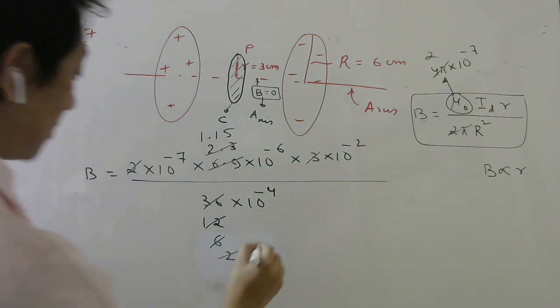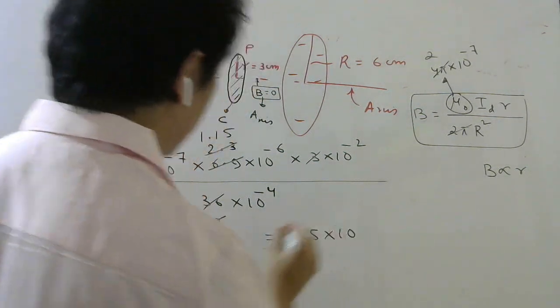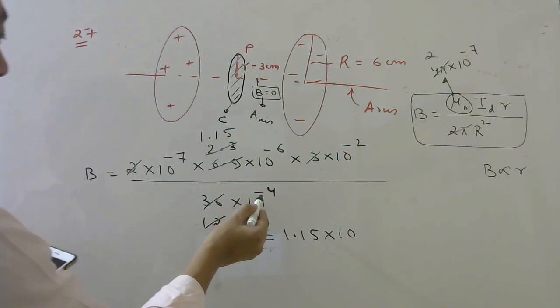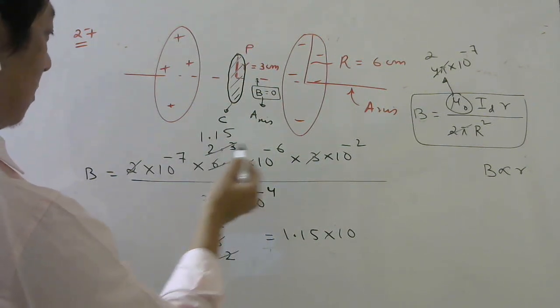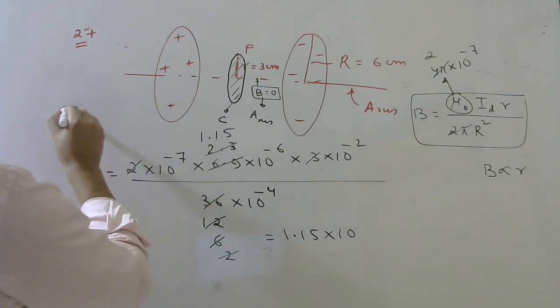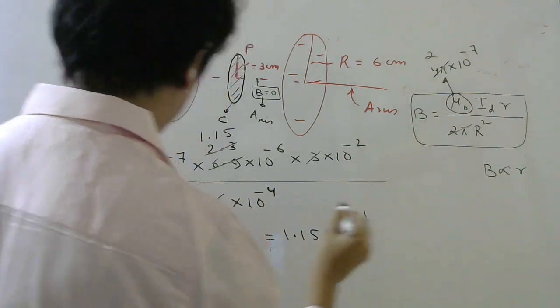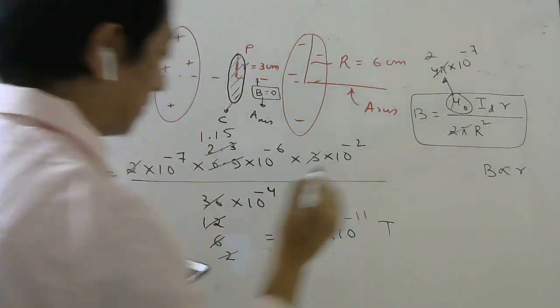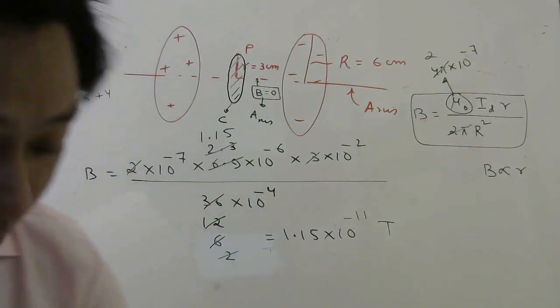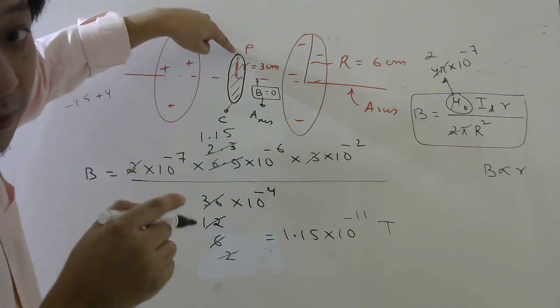So it is coming 1.15 into 10 power how much? Minus 6 minus 7 will be minus 13, minus 13 minus 12 will be minus 15, plus 4, minus 11. So that much Tesla.